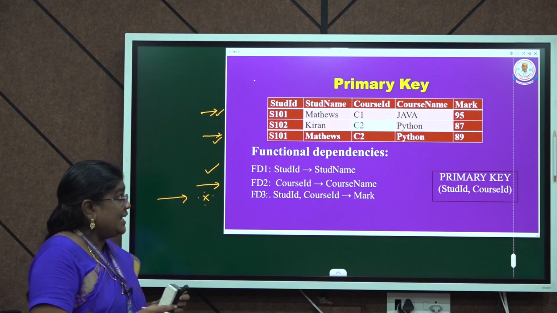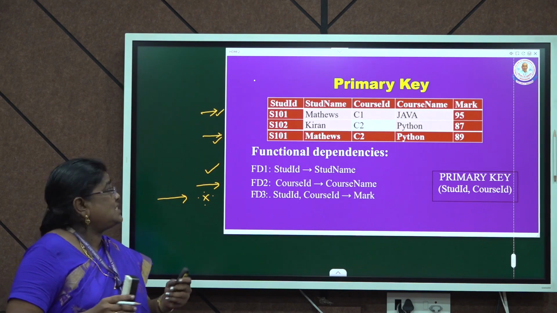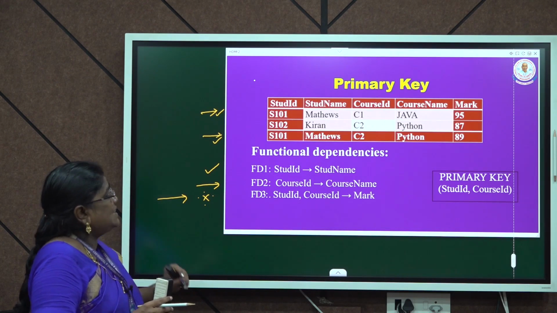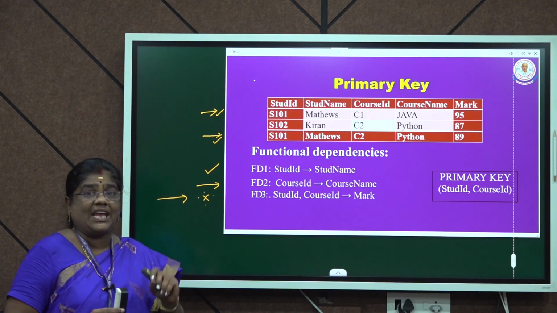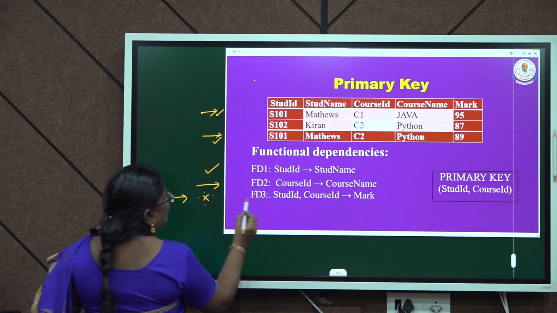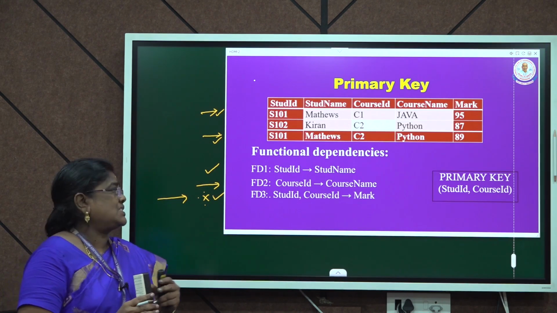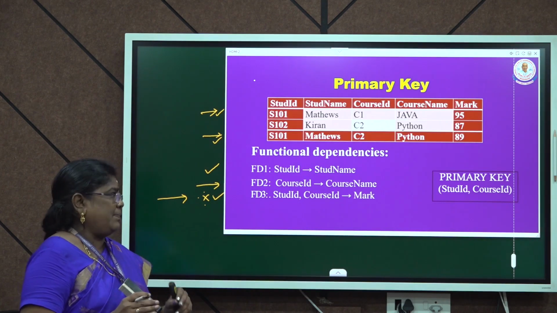That is the student ID S101, I can say 95. And what is the mark scored in Python by the student with ID S101? I can say 89. Hence, the student ID and the course ID determines mark is a functional dependency. So, this is the intro about the functional dependency.